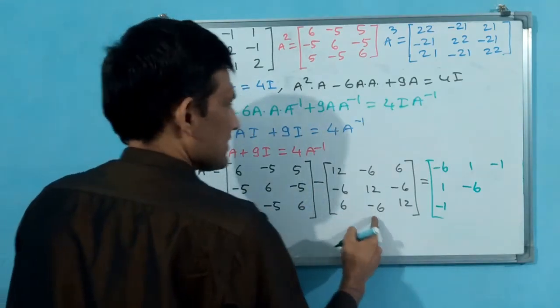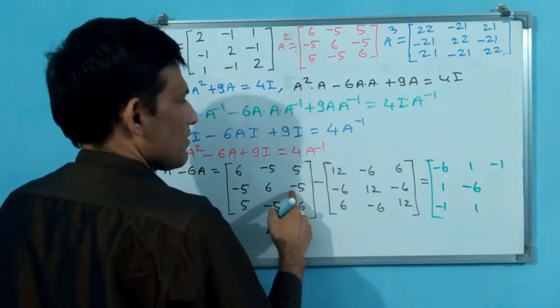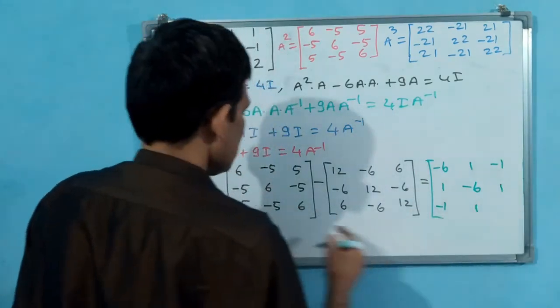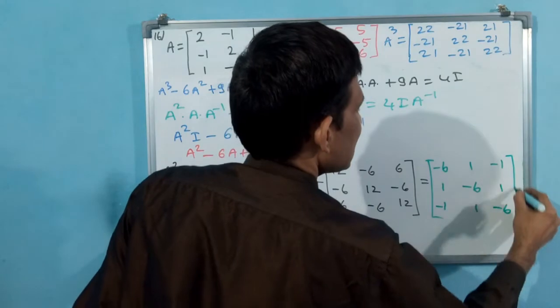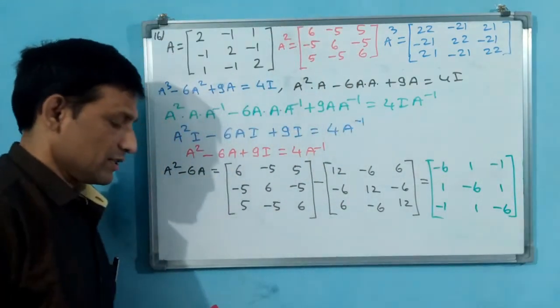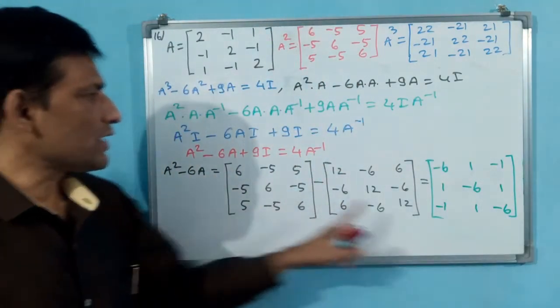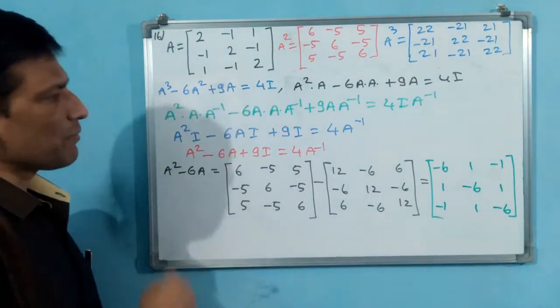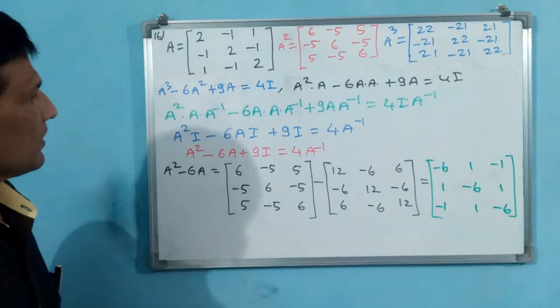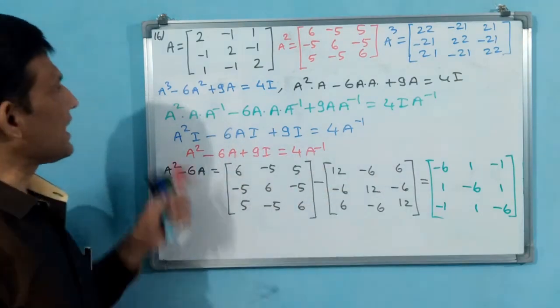Minus 5 plus 6, 1. Minus 5 plus 6, 1. 6, minus 12, minus 6. Okay. You see, this is only A square minus 6A. Plus 9A you have to add. Okay, I am adding plus 9A. First you note down this.